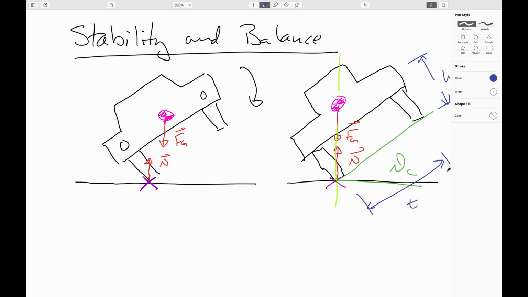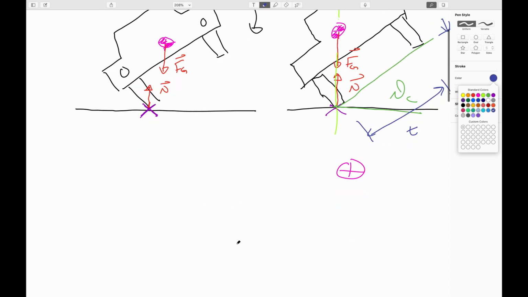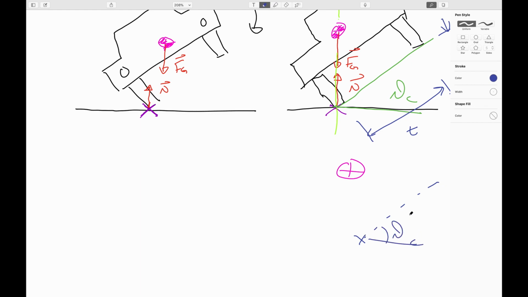So in this perfect lineup here, our center of gravity is sitting right over our axis, like so. So then if I extend out here at my critical angle, this distance here to the perpendicular would be h. And this distance here would be 1/2 the width of the wheelbase, t over 2.